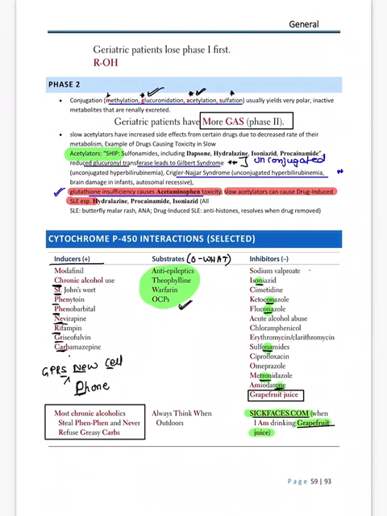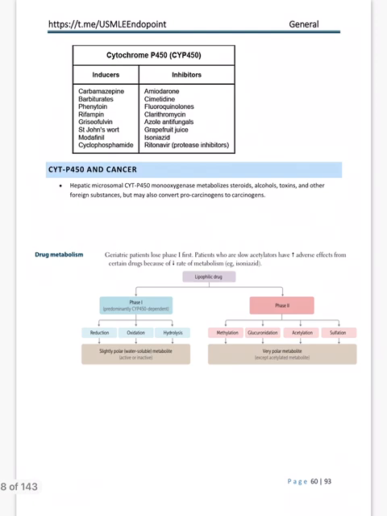So sick faces: S for sodium valproate, I for isoniazid, C for cimetidine, K for ketoconazole, F for fluconazole, A for acute alcohol. Chronic alcohol is an inducer, but acute alcohol is an inhibitor. Then C for chloramphenicol, E for erythromycin, S for sulfonamides, then ciprofloxacin, omeprazole, metformin. Remember, most of the drugs with such names are basically inhibitors.